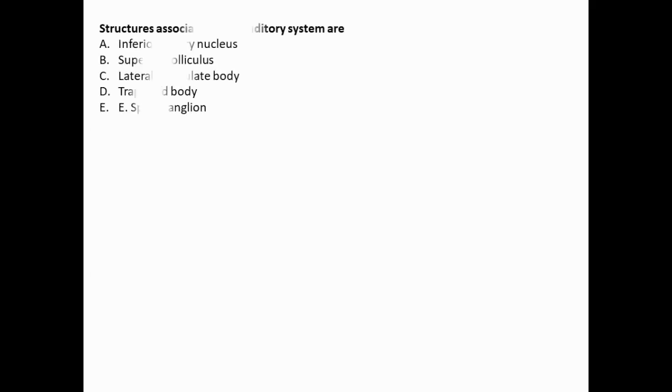Next question. Structures associated with auditory system are inferior olivary nucleus, superior olivary nucleus, superior colliculus, lateral geniculate body, trapezoid body, or spiral ganglion. Yes, the answer is D and E, trapezoid body and spiral ganglion.